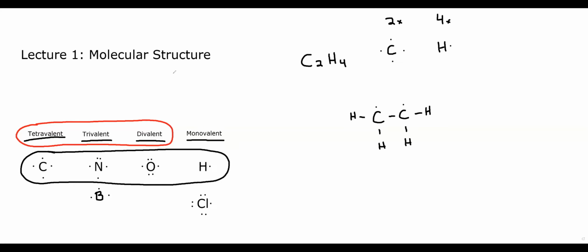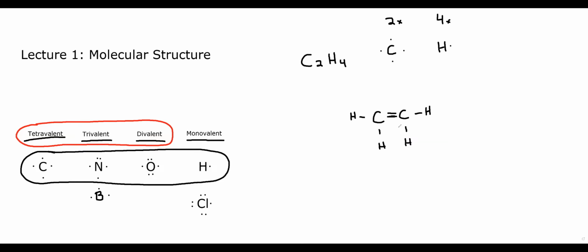So we don't just have a single bond, but these 2 unpaired electrons up here also hop down and make a bond, and we're going to put 2 lines in between these 2 carbons to represent a double bond. So we have 2 carbons that are double bonded to each other.